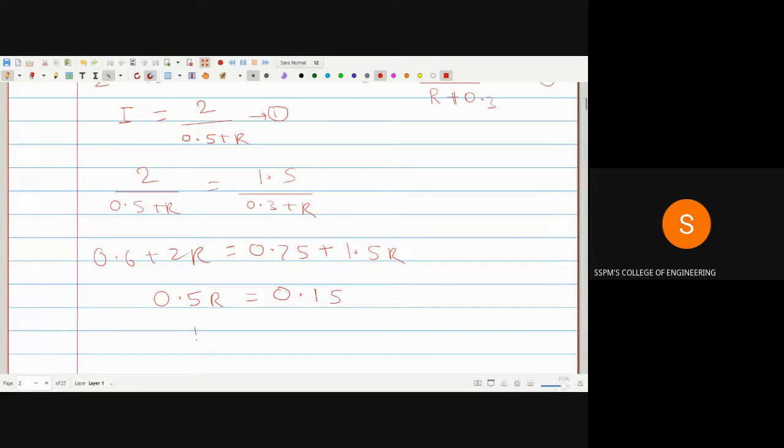Isn't it? So R is equal to 0.15 divided by 0.5, and it will be 0.3 ohm.